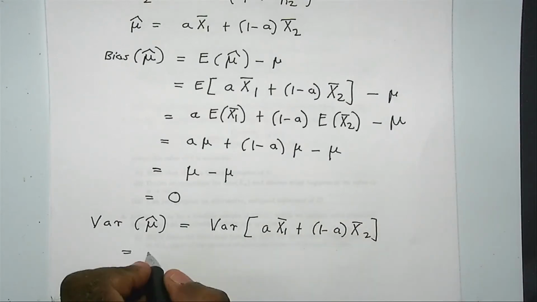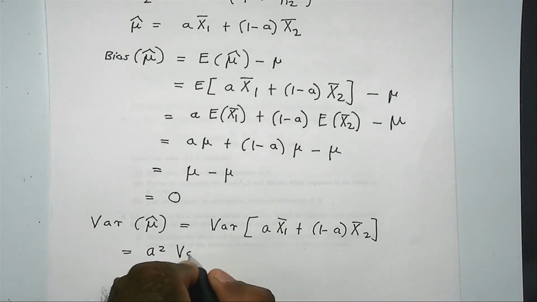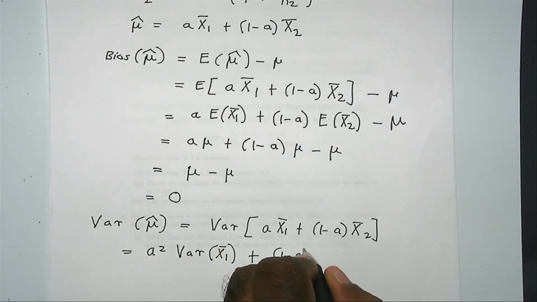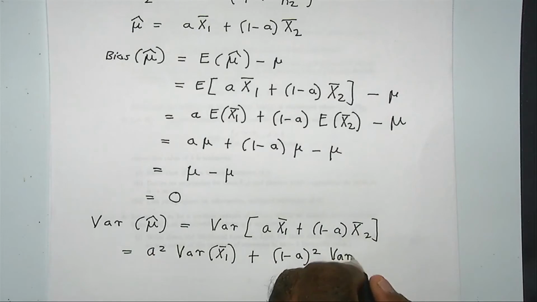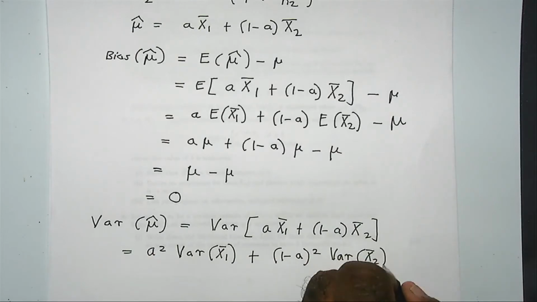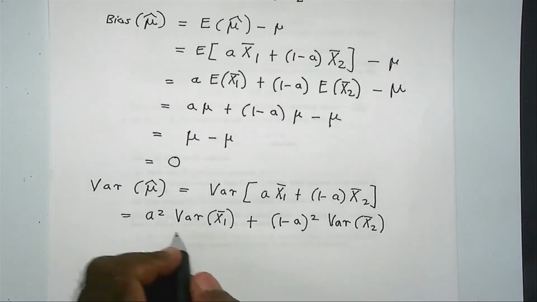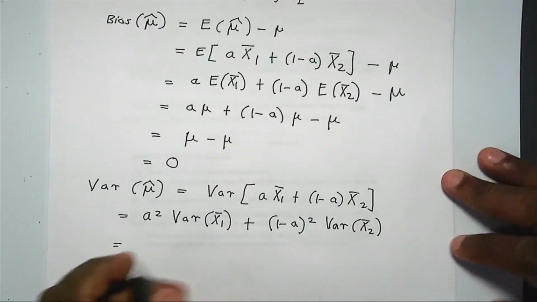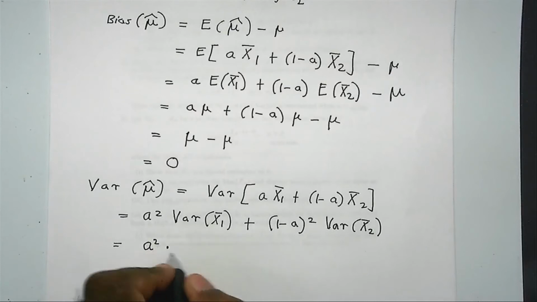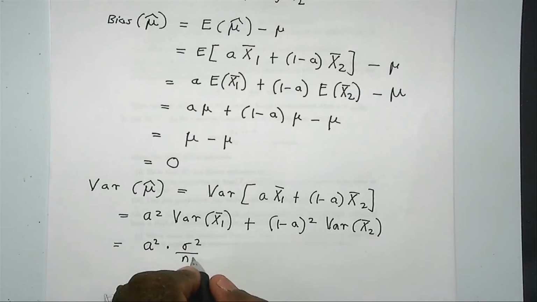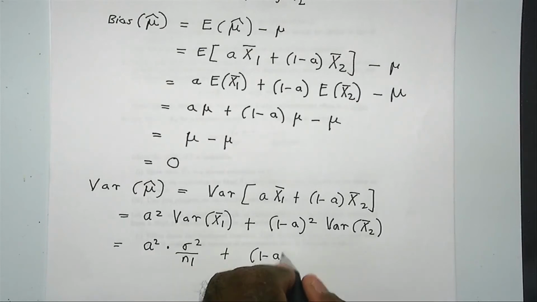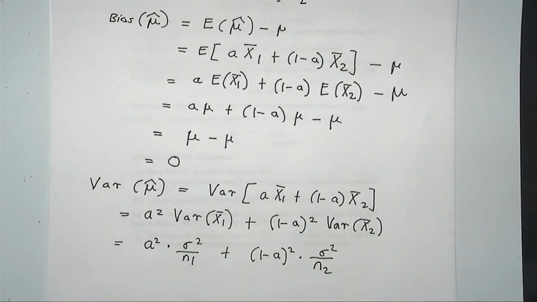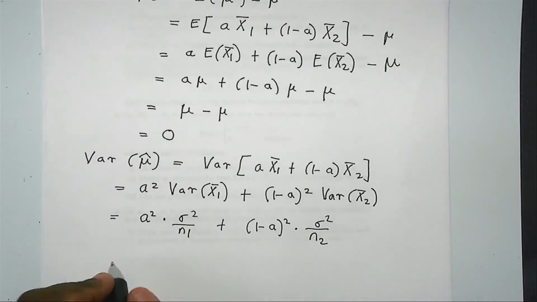Now taking the variance inside, we have a squared times the variance of x bar 1 plus 1 minus a squared times the variance of x bar 2. Now we know from the earlier statements that the variance of x bar 1 is sigma squared divided by n1, and the variance of x bar 2 is sigma squared divided by n2.